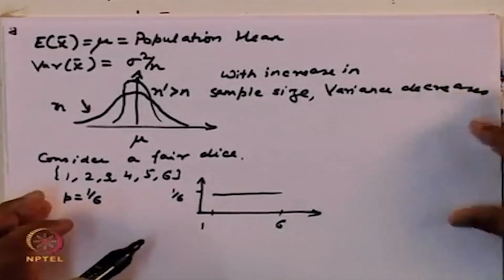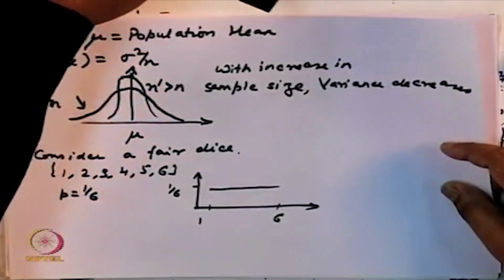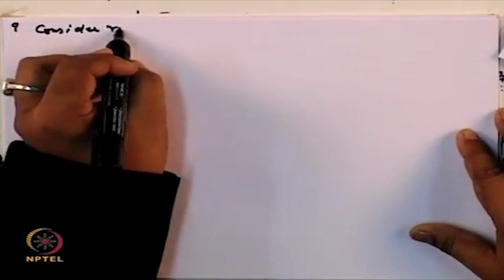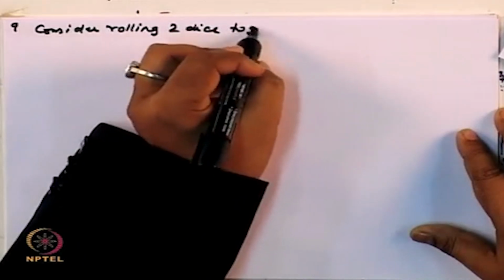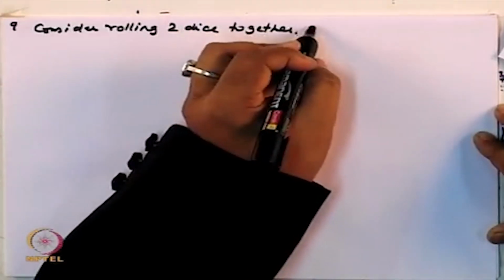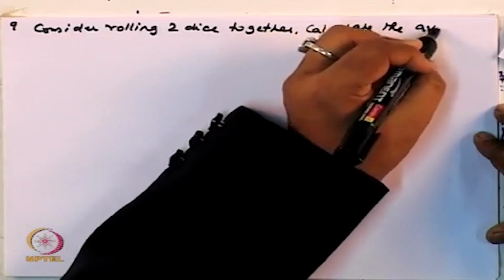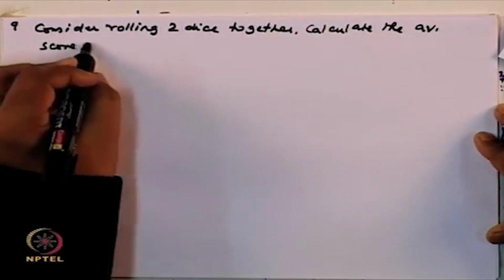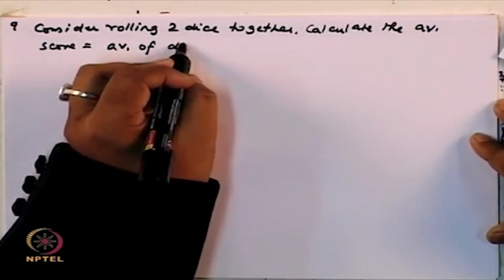But let us say I consider rolling 2 dice together, and from this I am calculating the average score, that is equal to the average of the dice values.